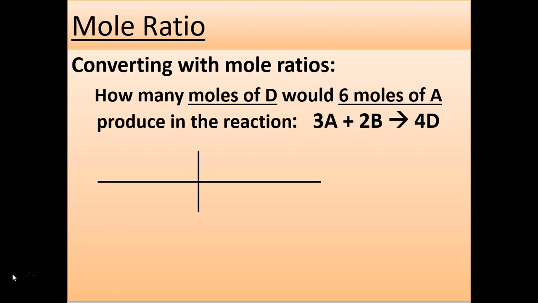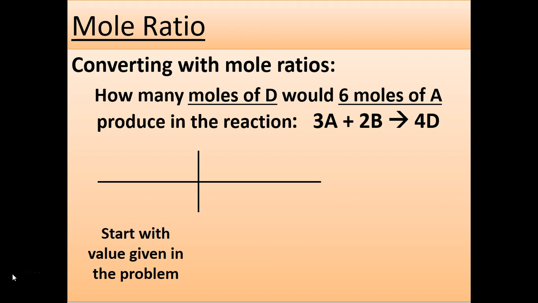We're going to go ahead and work an example right here. How many moles of D would 6 moles of A produce in the reaction 3A plus 2B yields 4D? Now what this is saying is A, B, and D are just some random elements. 3 moles of A plus 2 moles of B will produce 4 moles of D.